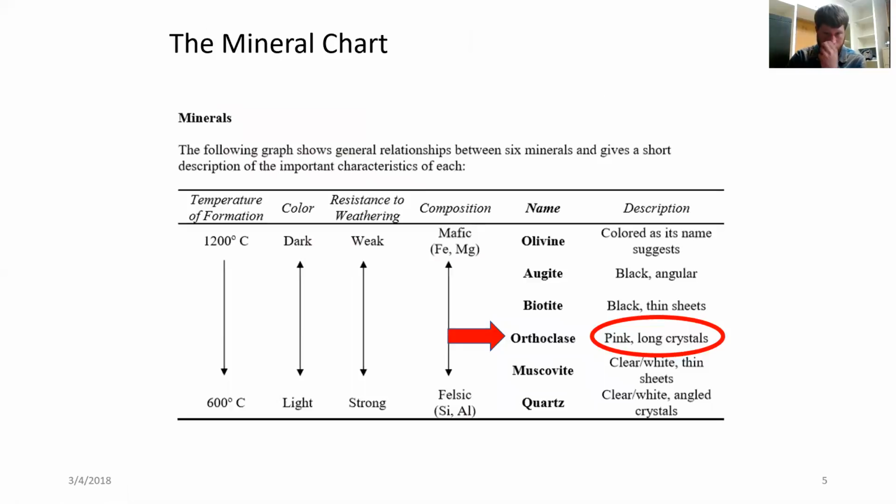So if we look at our table, we can see that orthoclase is right here, highlighted. Orthoclase being a bit more on the felsic side, with a lower temperature of formation and more strength and resistance to weathering. The physical description that we see for orthoclase says it's pink with long crystals.